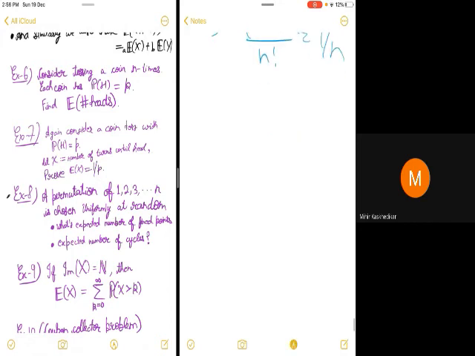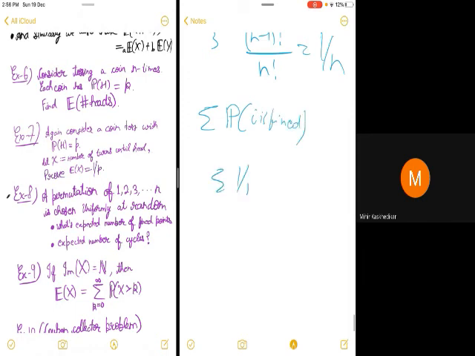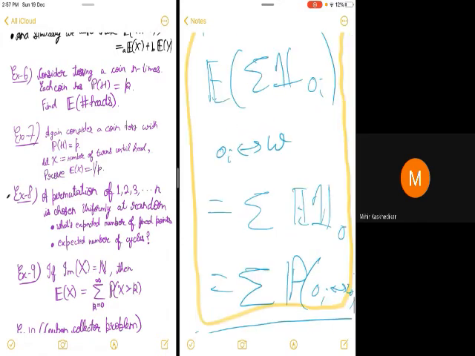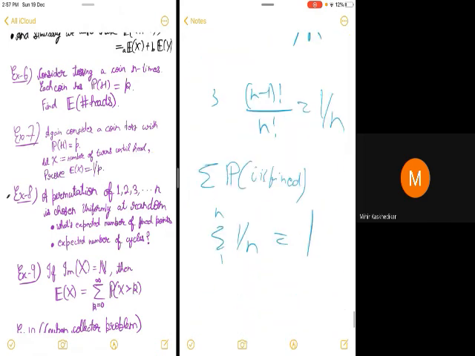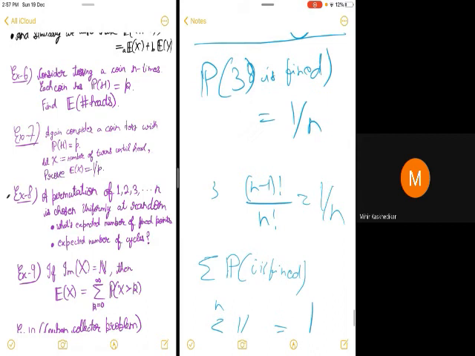And similarly, for any number i, the sum of the probabilities that i is fixed will be the sum of 1/n over 1 to n, which will just be 1. And because of the above argument, this sum of the probabilities that i is fixed is the sum of the indicator functions over the events A_i, where A_i corresponds to the event that i is fixed.